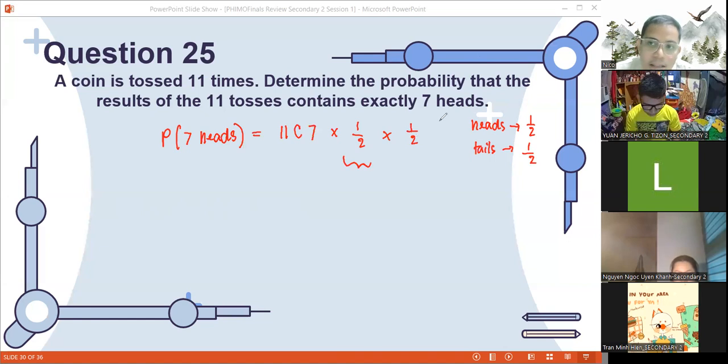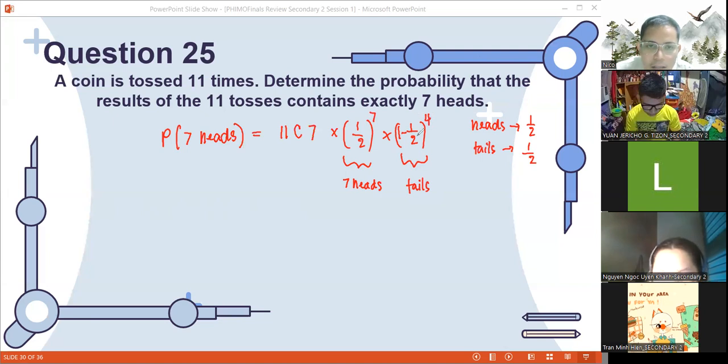This one, you're going to get 7 heads. This one, you're going to get tails, so that is 1 minus. This one is for your tails. Since there are 7 heads, raised to 7, and tails is 11 minus 7, raised to 4.